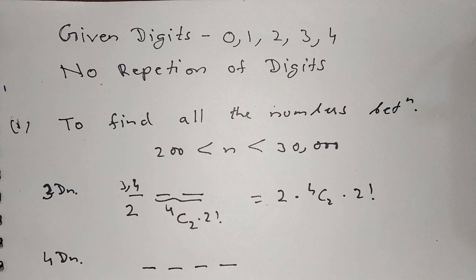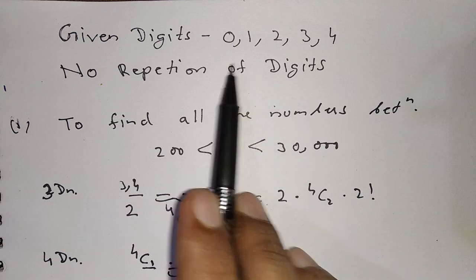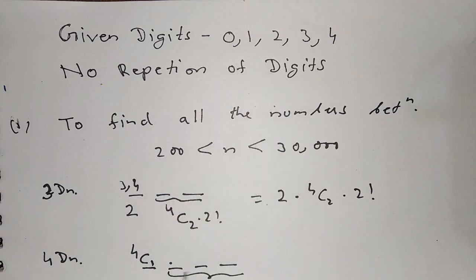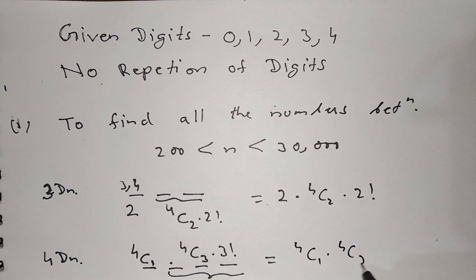Just remember we can't put 0 at the first place, because if we put 0 at the first place the number will be a 3-digit number. So out of 4 digits we choose 1 digit for the first place, so 4C1, and for the remaining places we again have 4 digits, because now 0 will be included. We can put 0 at any one of the places, so this will be 4C3 into 3 factorial. So the answer will be 4C1 into 4C3 into 3 factorial.